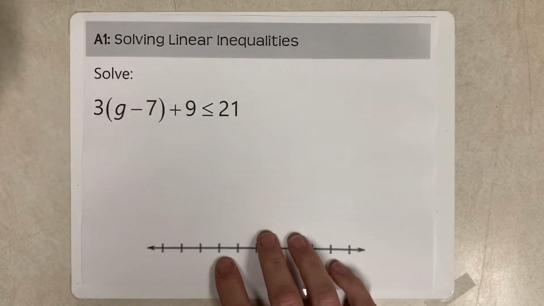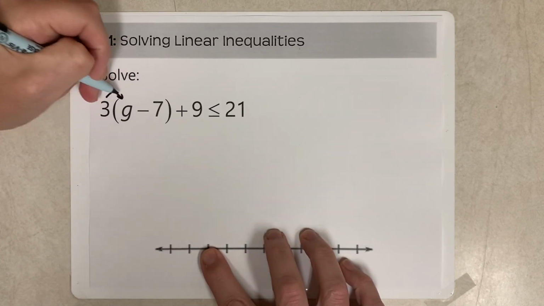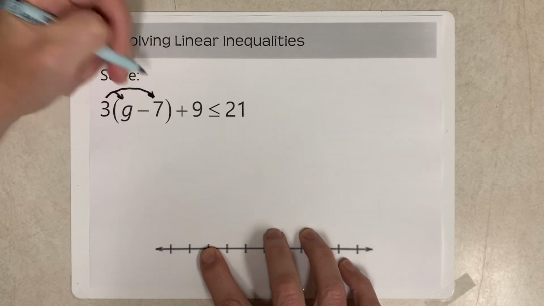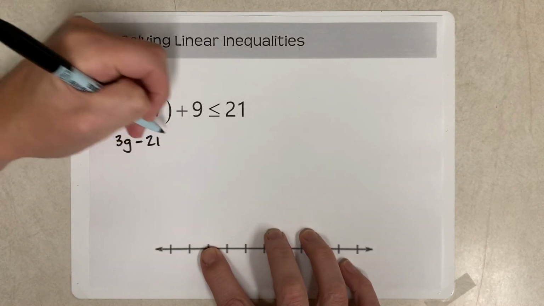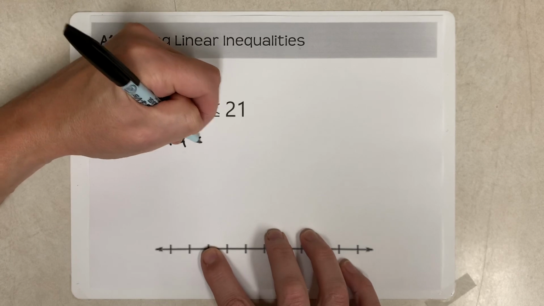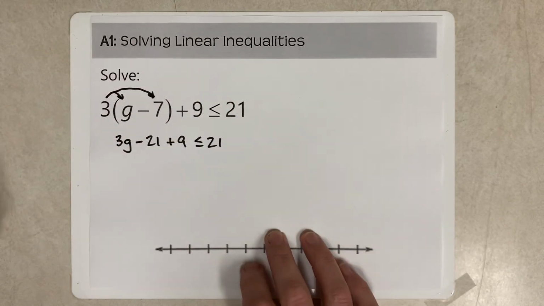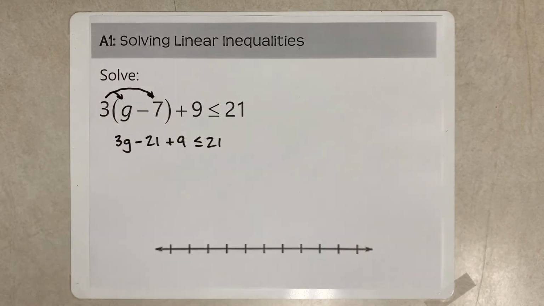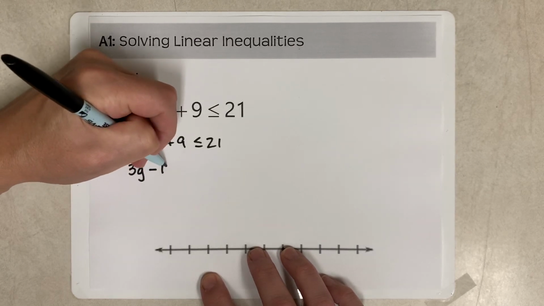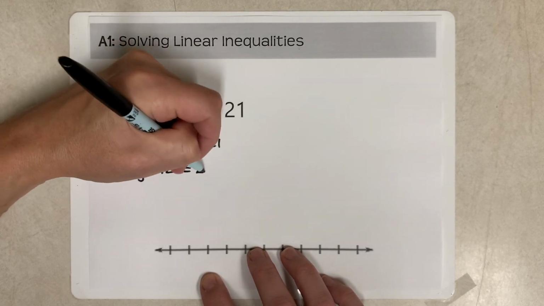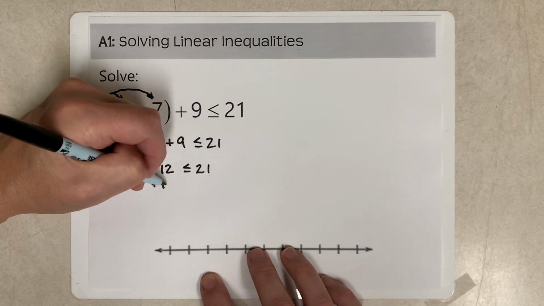Let's go ahead and distribute this 3 right here first. So I got 3g minus 21 plus 9 less than or equal to 21. Now let's combine these two together. So I have a negative 21 and then plus 9, and then that's going to give me a negative 12. So 3g minus 12 less than or equal to 21. All right, let's add 12.